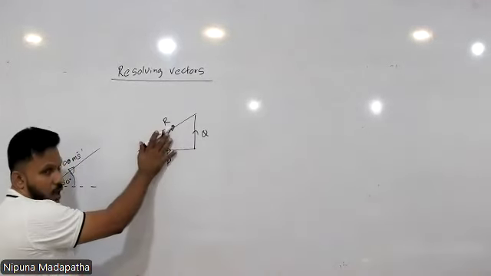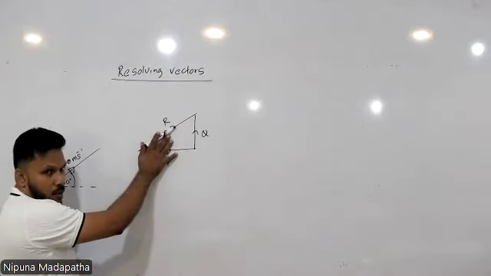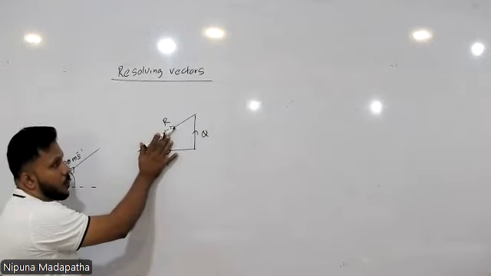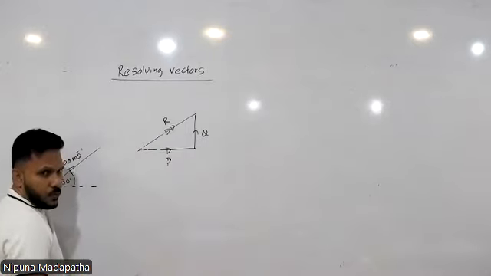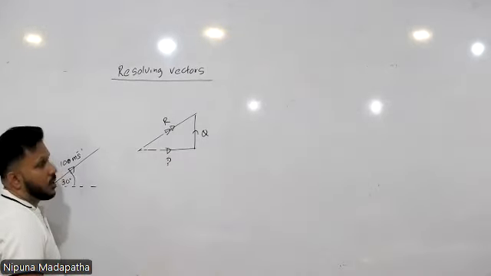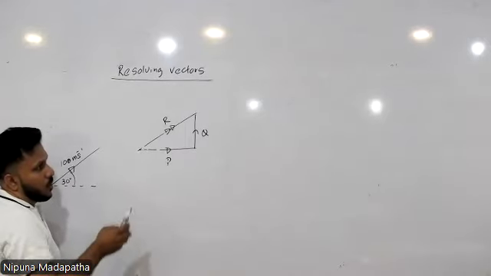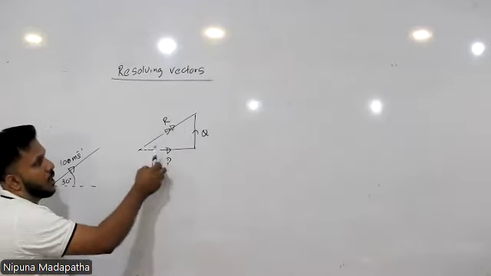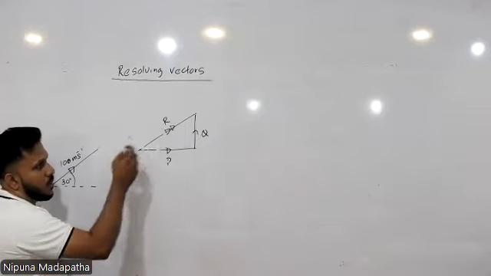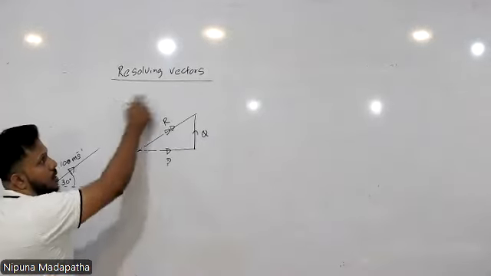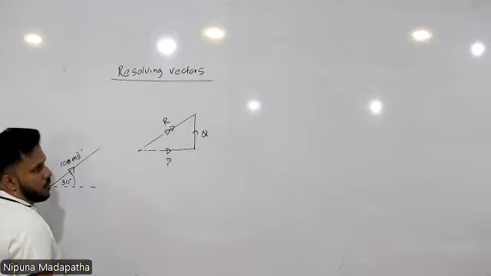If you are given the vector R, we can represent this vector R from two vectors P and Q. Resolving a vector means that. A given vector can be divided into two components.